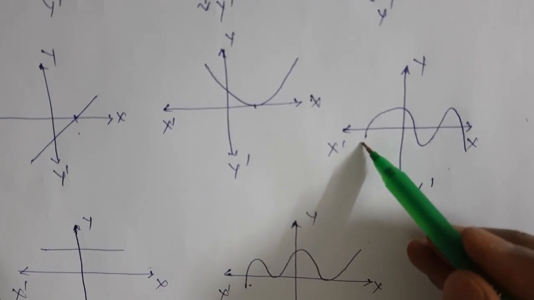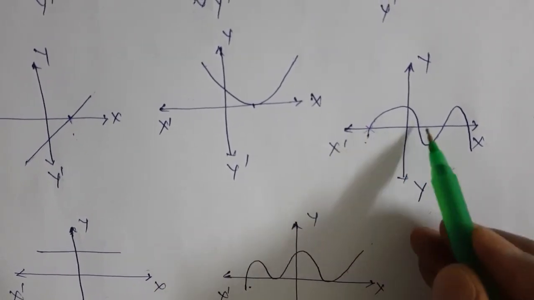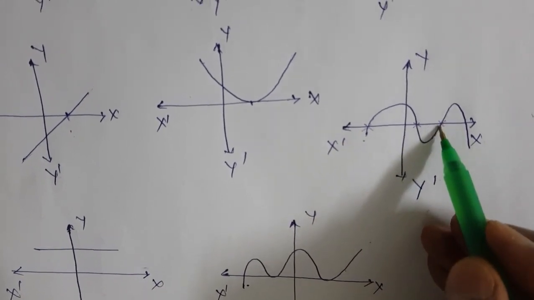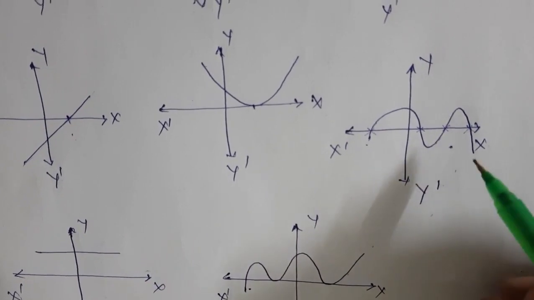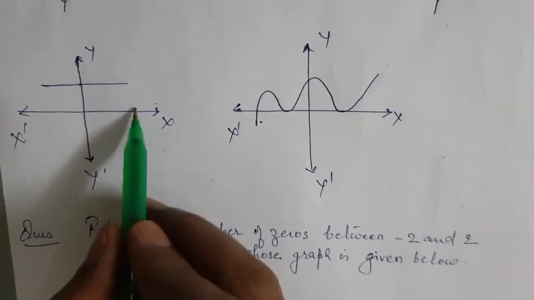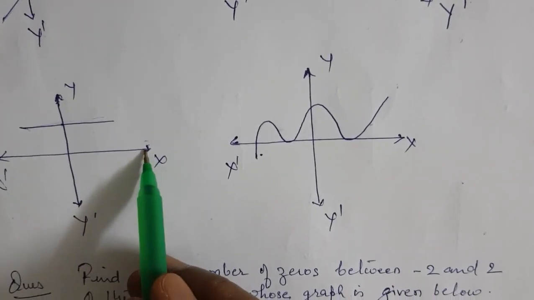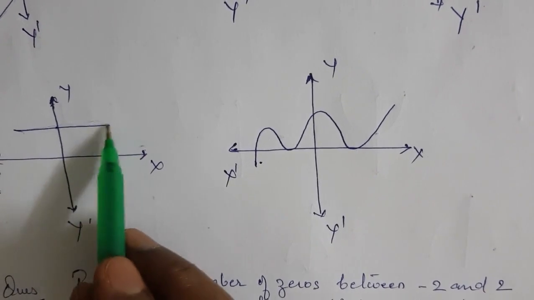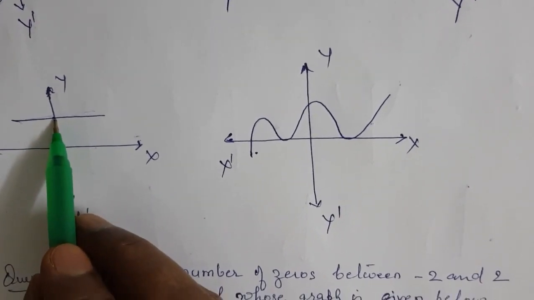Now, in this case, it is crossing the x-axis at 4 different points, 1, 2, 3 and 4. So in this curve, the number of zeros will be 4. Here, in this case, you find that a line is parallel to the x-axis. That means it will never cross or intersect the x-axis, and we will not get any zero.